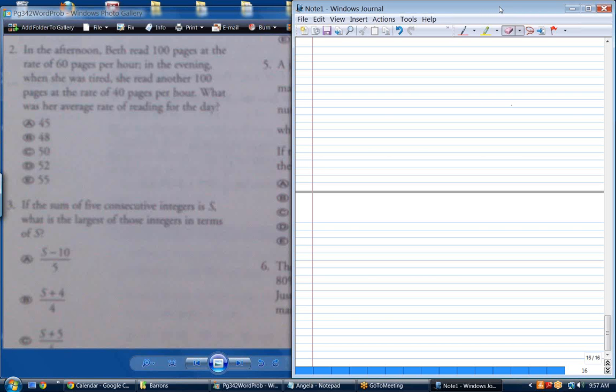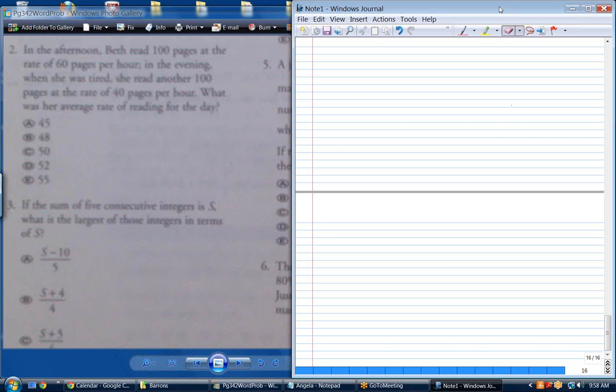What we want to do is figure out how many hours she read in the morning, how many hours she read in the evening, and the average for the day is the total number of pages read divided by the total number of hours read, right? Yes. So it's the same type logic as we're going to use with arithmetic average problems. We're going to look at it as totals.